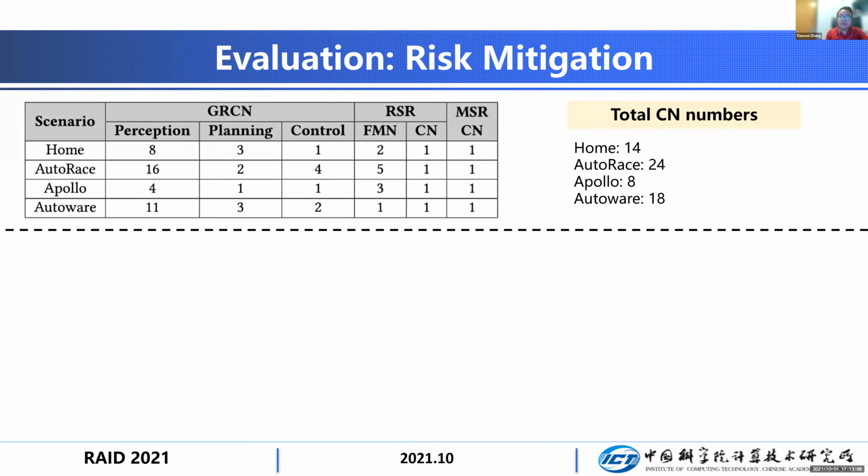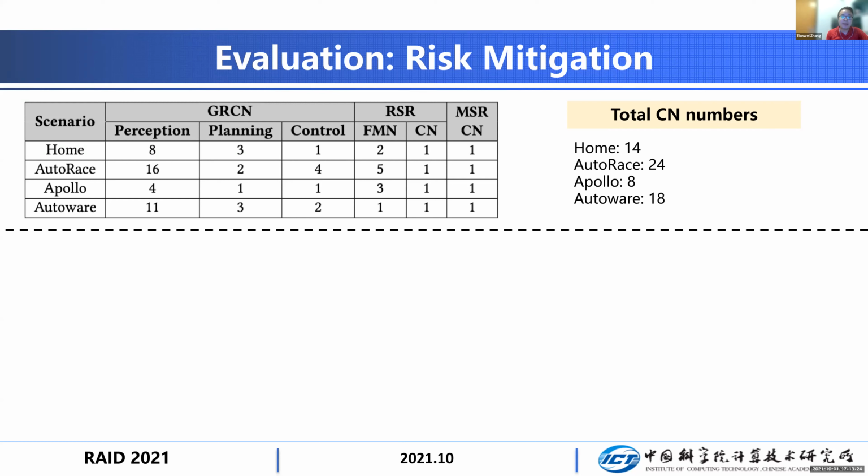Next, let's check the effectiveness of the risk mitigation. After we identify these risks, we use Itron to insert the coordination nodes into the applications to get the instrumented robot app.